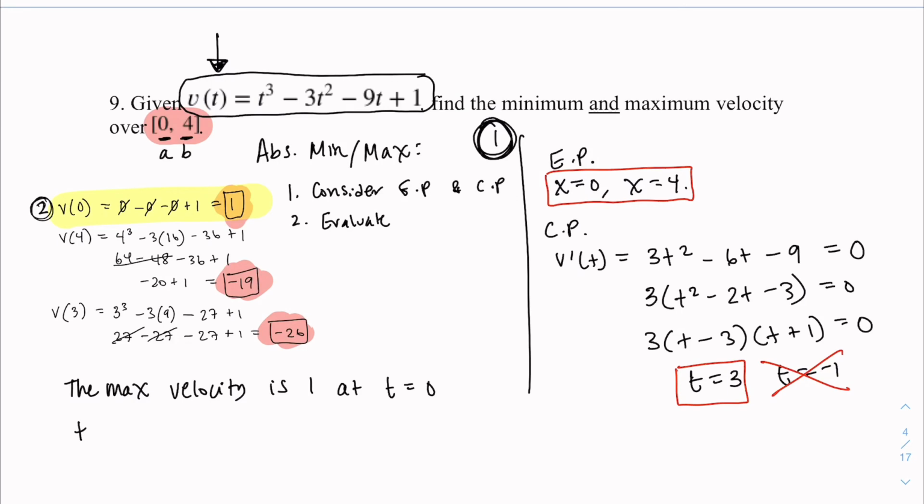We can say the minimum velocity is negative 26, and it's occurring at time equal to 3. And we are done.